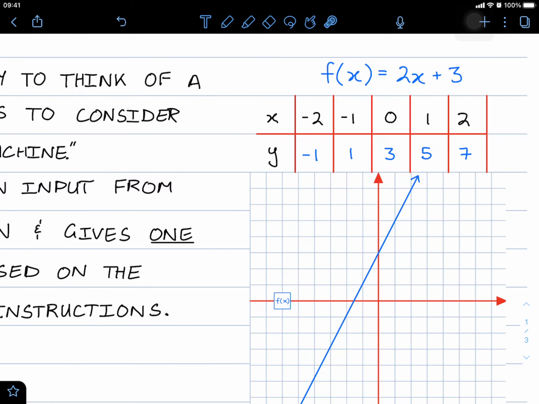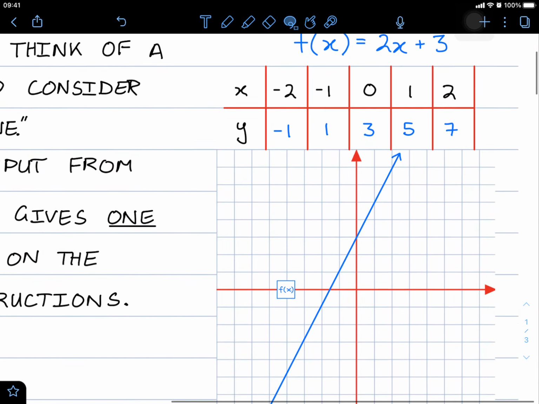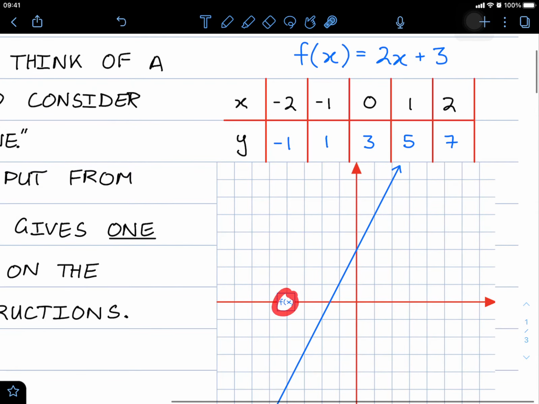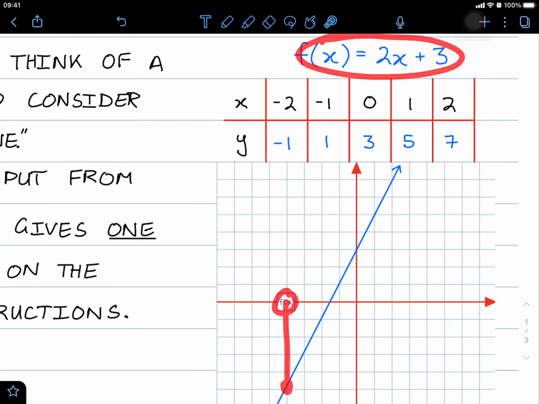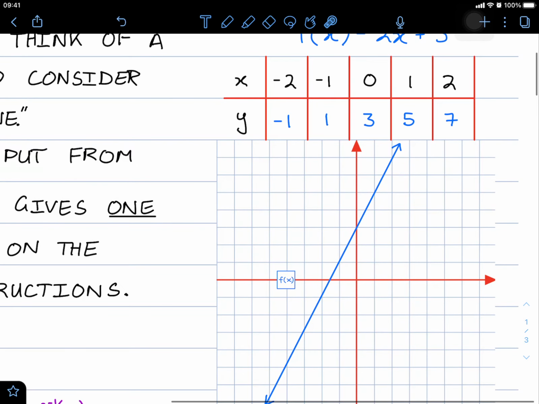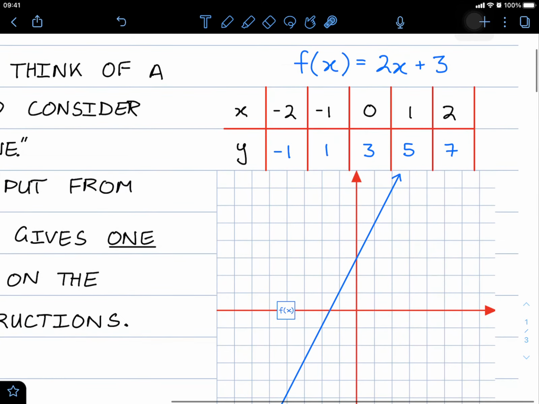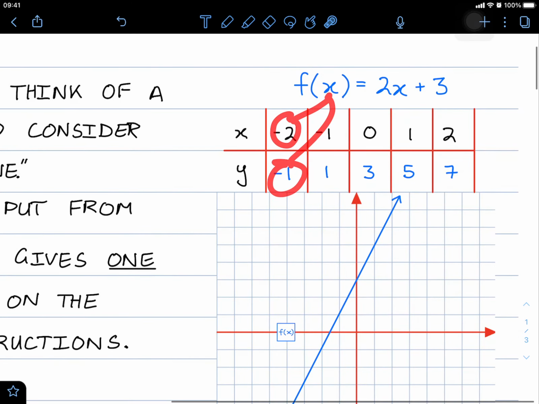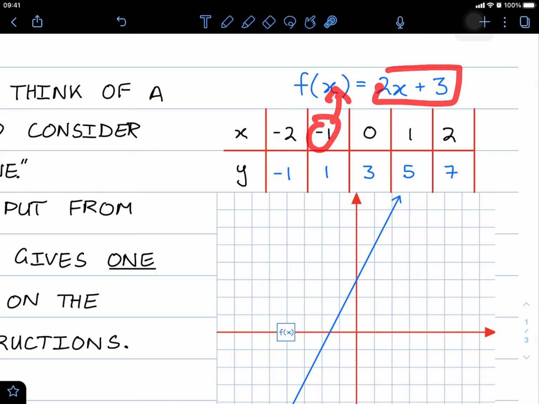So for example, if the machine gets to the point -2, the machine takes -2, runs it through the machine, and puts it to one spot on the number plane. So you've seen here, -2 goes into the machine, and what comes out is -1. If we put -1 into the machine, it runs its instructions and it gives 1, and so on.